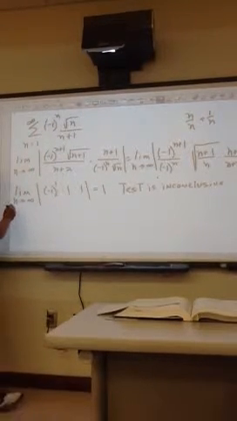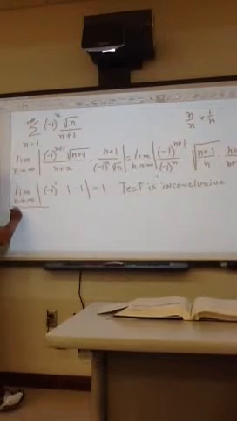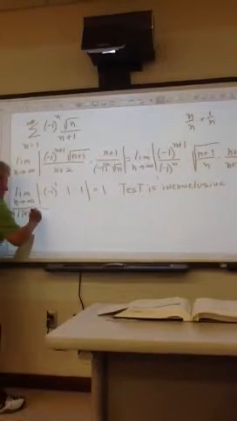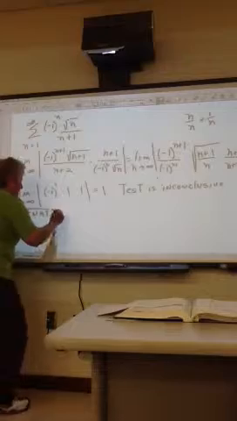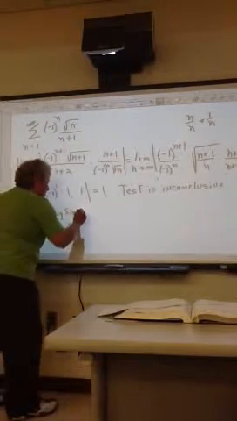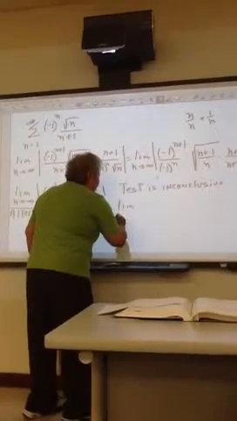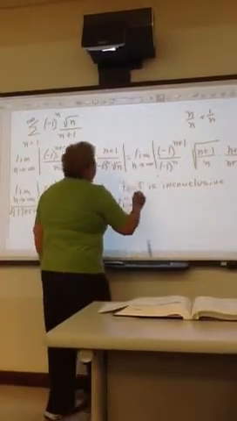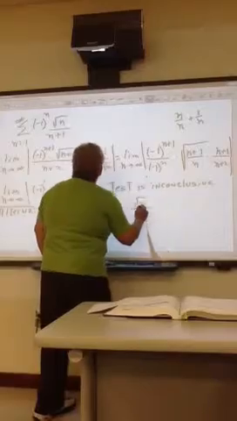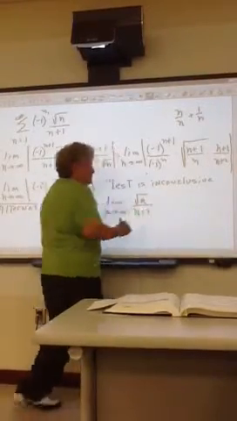So if I do that, alternating series test, I need the limit as n approaches infinity of square root of n over n plus 1.